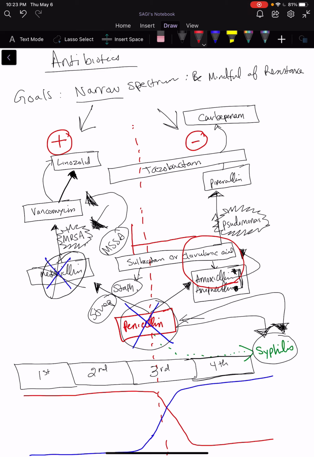Okay? Ampicillin is the same way. If you add ampicillin and sulbactam, you get Unasyn. Unasyn becomes a broad spectrum antibiotic that covers gram-positives and gram-negatives, but does not get MRSA.